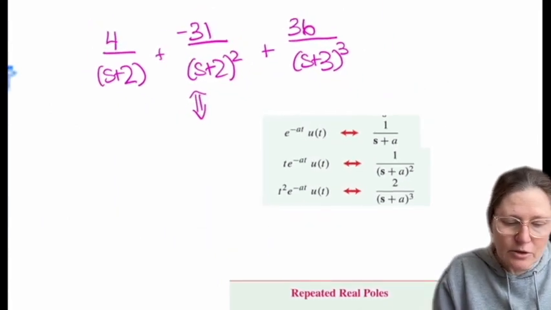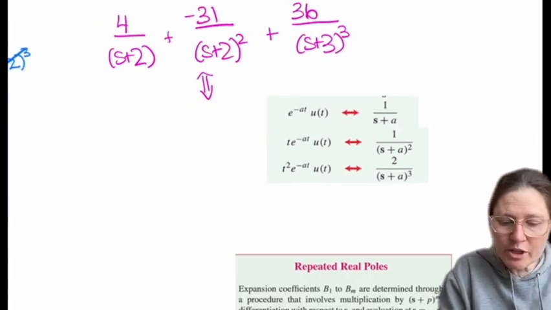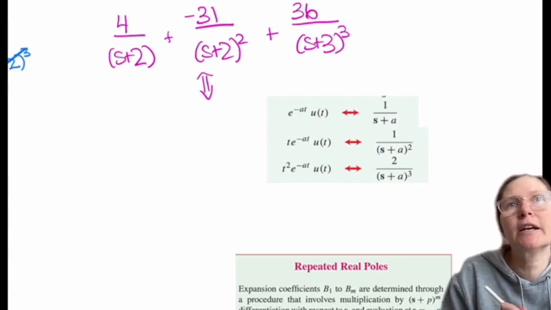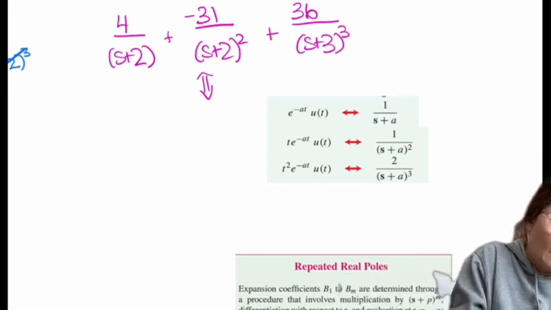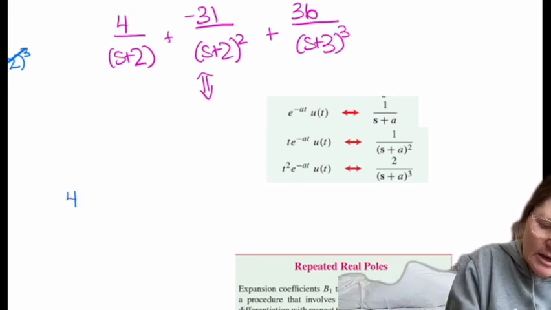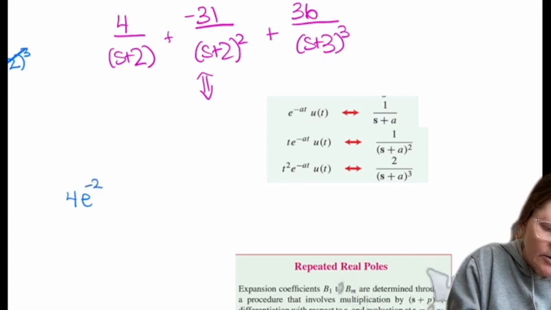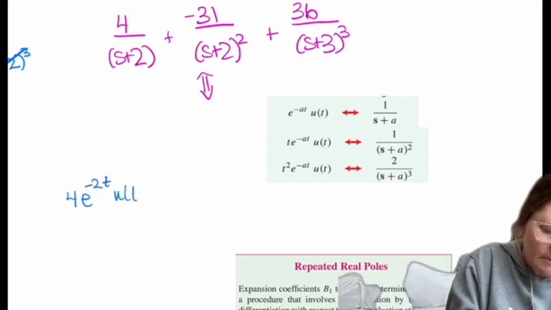All right, so the a in the 1 over s plus a in the first one is going to be 2, and we multiply out the 4, so that becomes 4e to the minus 2t u of t.